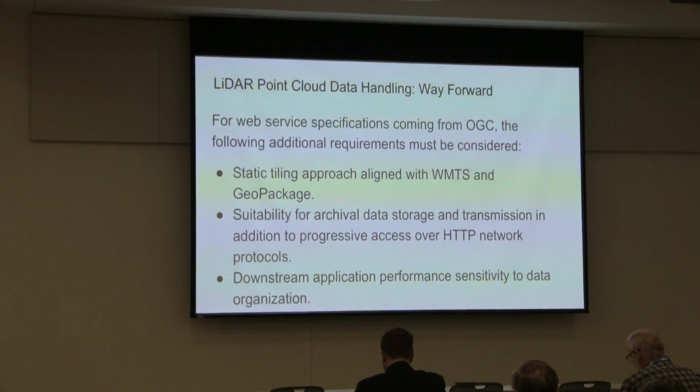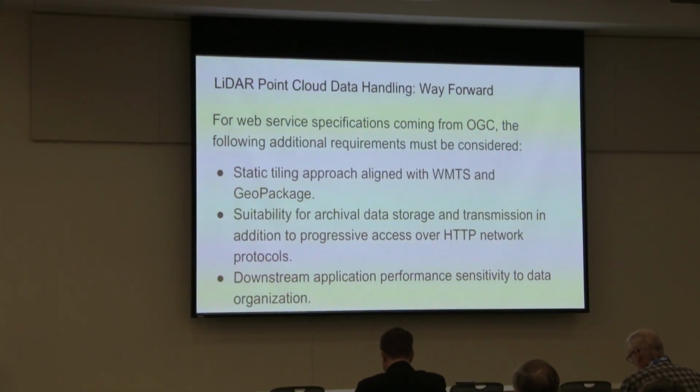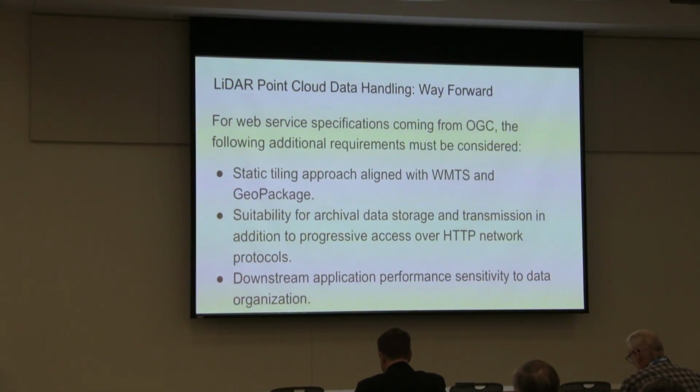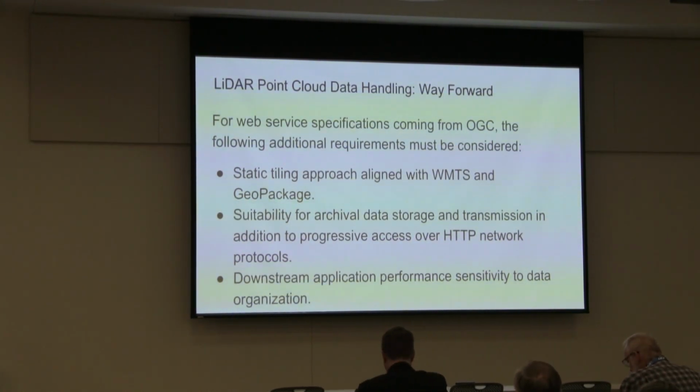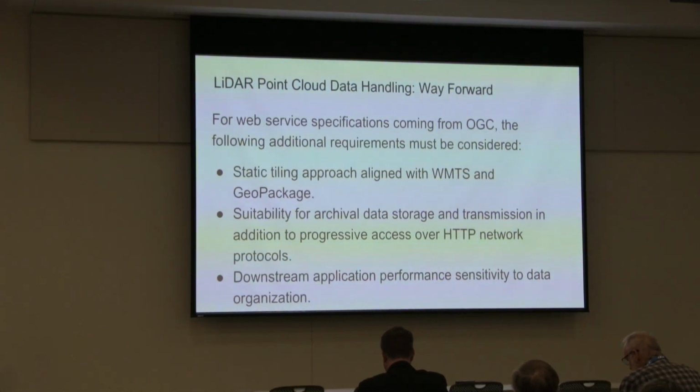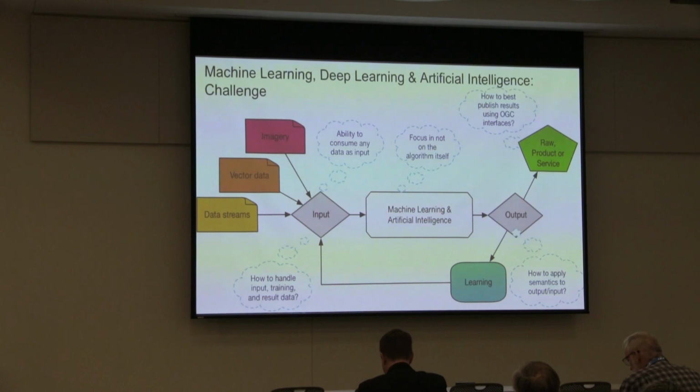That the work should be suitable for archive data storage, a lot of big data storage, and transmission to recall progressive access over HTTP network protocols, and also downstream application performance sensitive to data organization. Those are the 3 main recommendations to move forward, thinking forward.